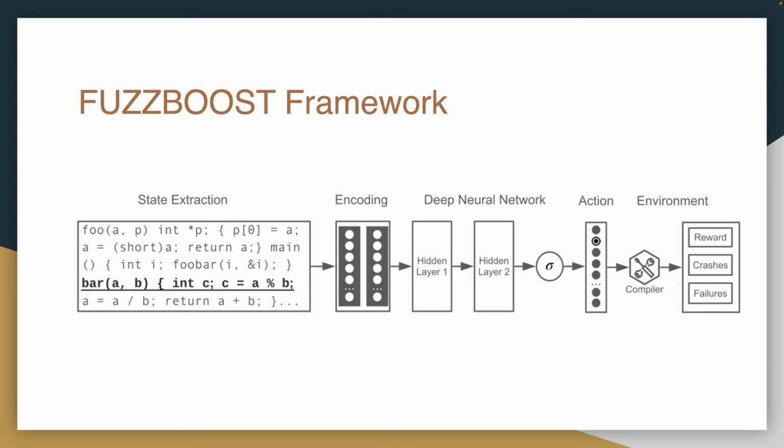Then we use a deep neural network with two hidden layers to predict the next mutation action based on the extracted state. Then we mutate the state program based on our predicted action. After that, we use the target compiler to compile the newly generated program for the following analysis.